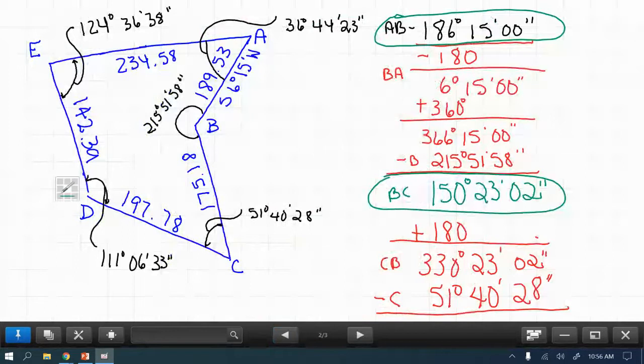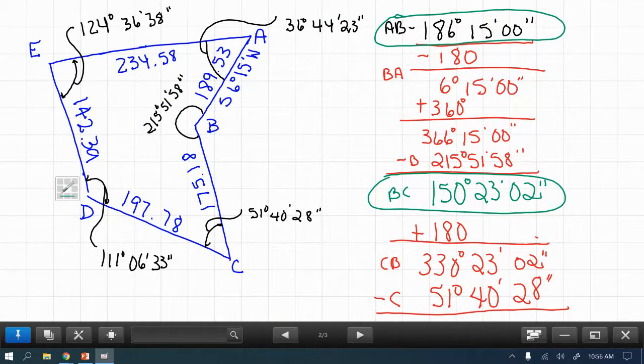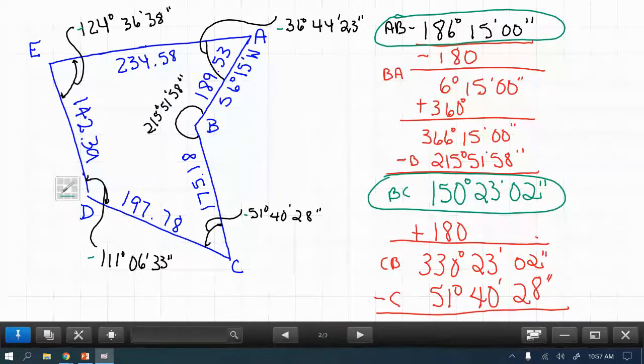When we were here, we subtracted angle B, and it got us the bearing from B to C. And then we subtract C to get C to D, and to get D to E. Every angle will be subtracted because we're going clockwise. Okay. All right.